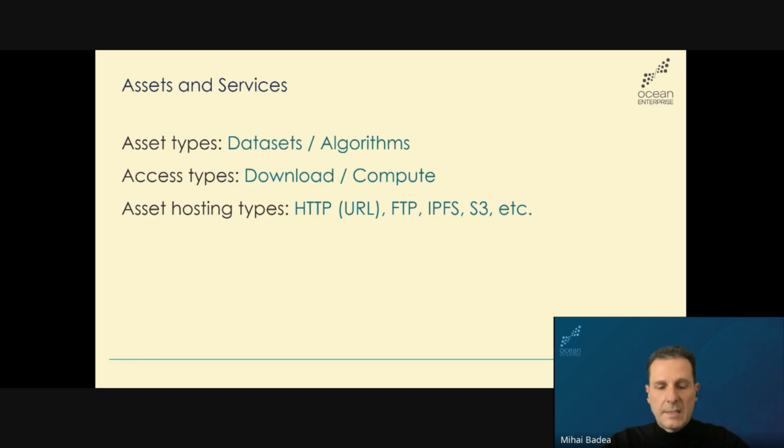So when you register an asset, you can specify the location of the actual file that is served by that asset, to be either accessible through HTTP, or stored on an FTP server, or in IPFS, or in an S3 bucket, or available to query in GraphQL. And we'll see when we publish an asset exactly what I mean by these asset hosting types.